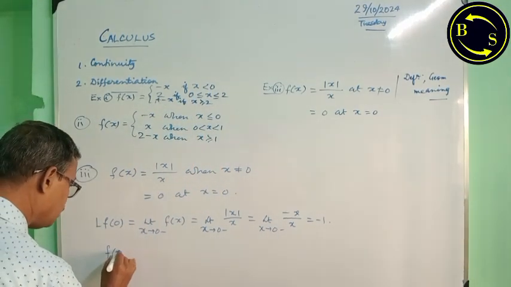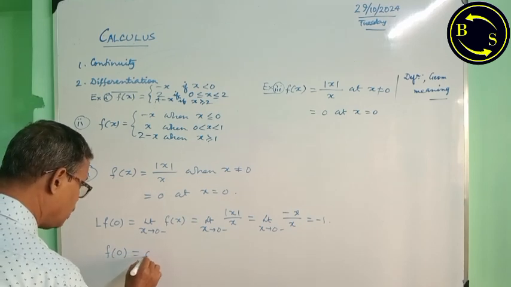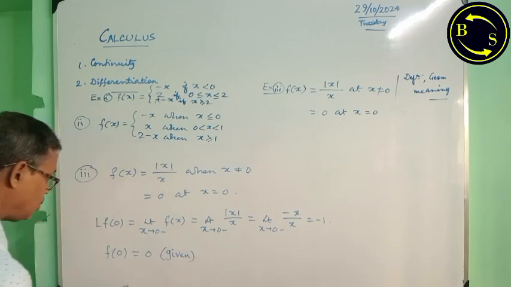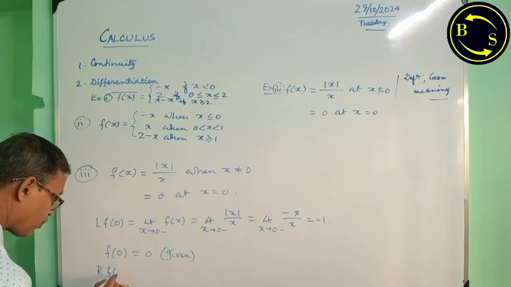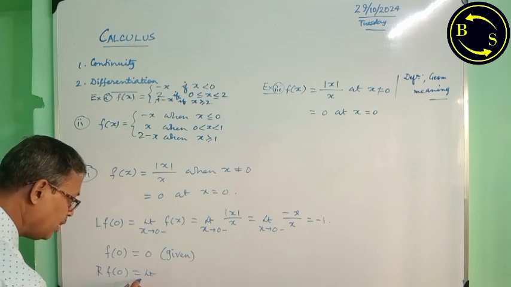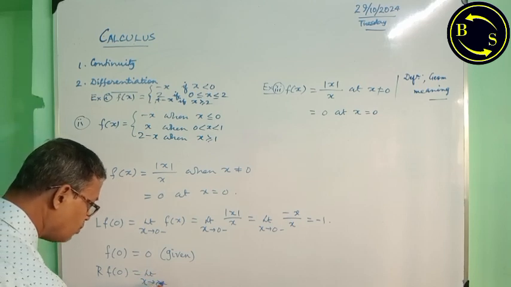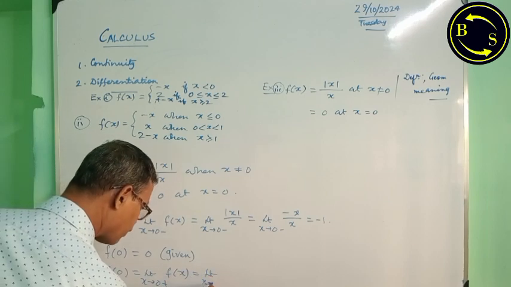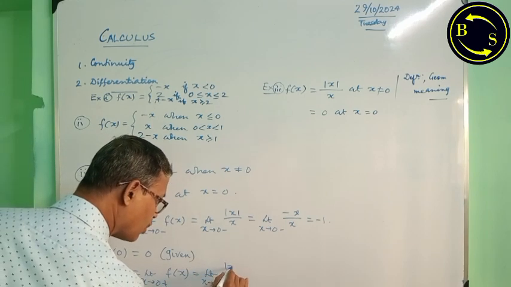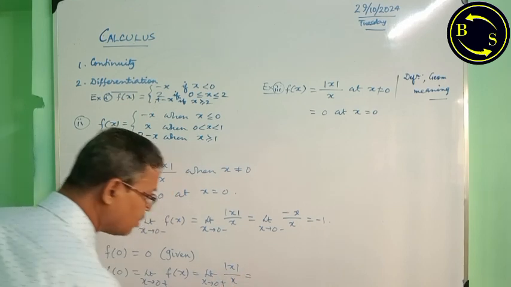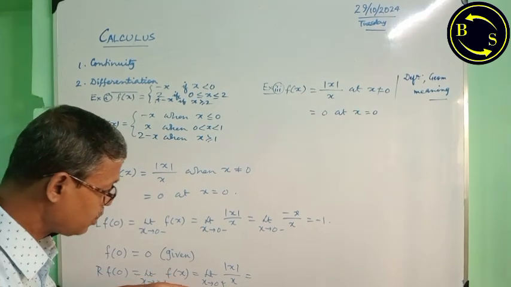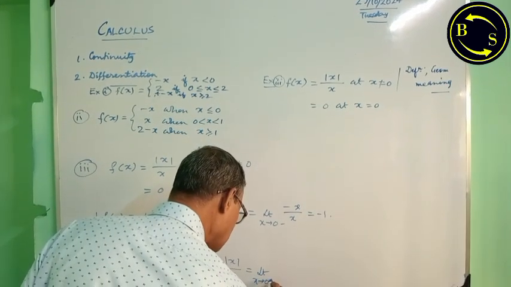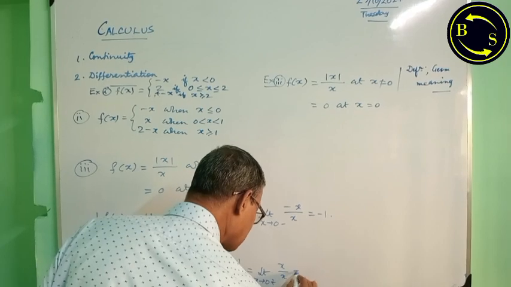LF0 equal to minus 1, and f0 equal to 0, this is given, and RF0, limit x tends to 0 plus f(x), that is equal to limit x tends to 0 plus mod x by x, and mod x, when x positive, that will be x, limit x tends to 0 plus x by x, that means 1.